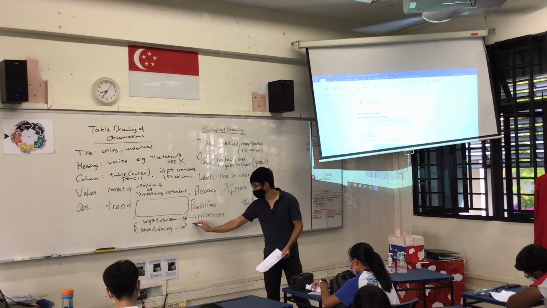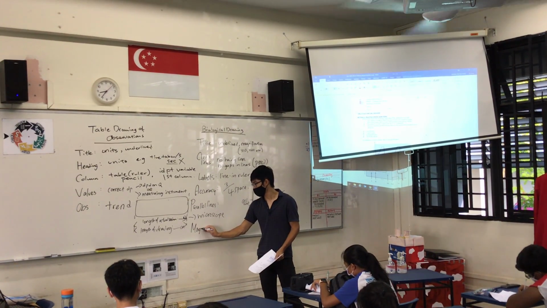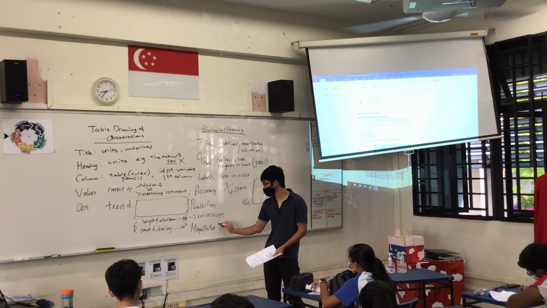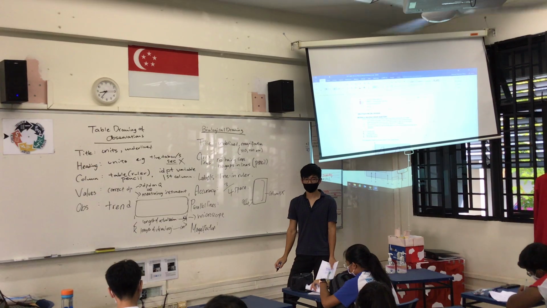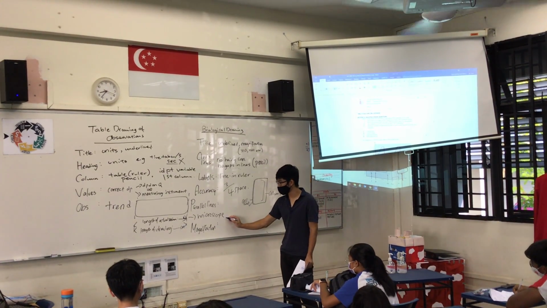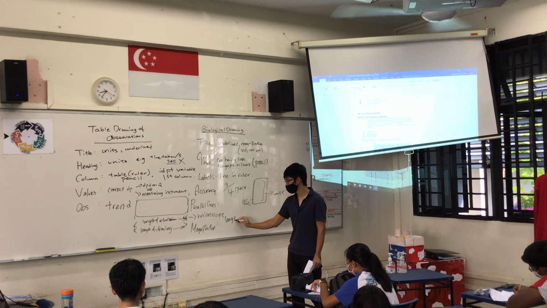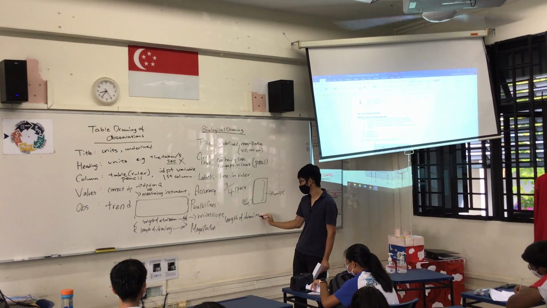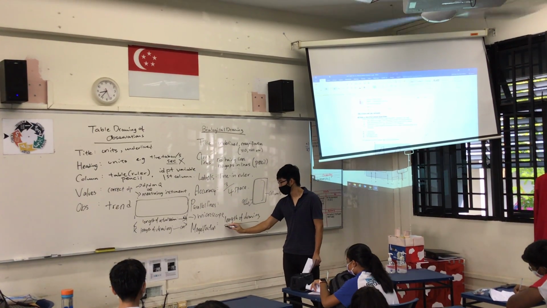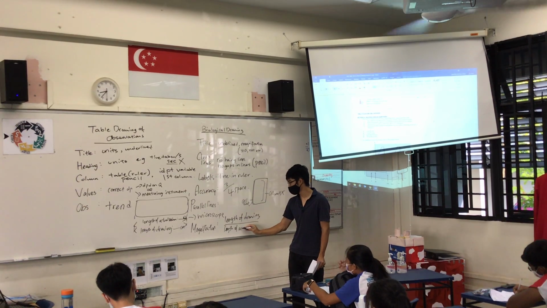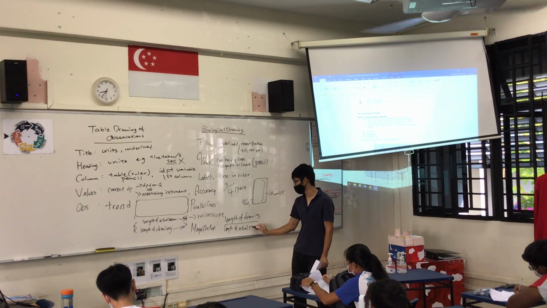The last one, M for magnification. Okay, you need to then calculate magnification. How to calculate magnification? You will take the length of drawing divided by the length of actual specimen.